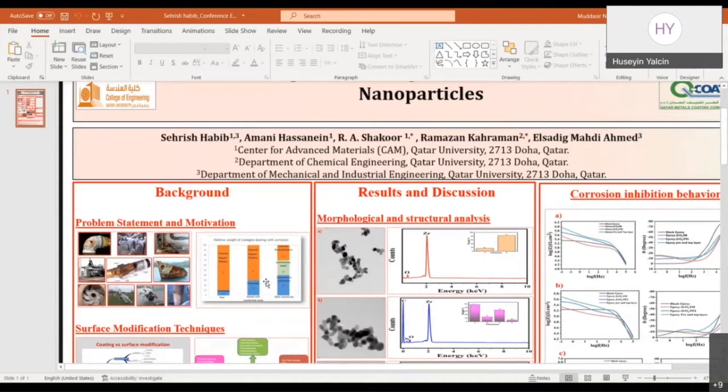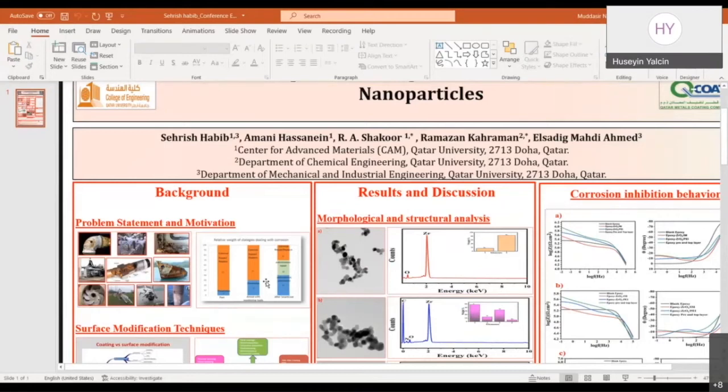Qatar being a humid country, especially in the oil and gas field, the pipelines experience a lot of corrosion because of humidity and the change of external factors, especially offshore and onshore. It has been estimated that more than 70% of the cost has been spent on the maintenance of these pipelines in the oil and gas industry.